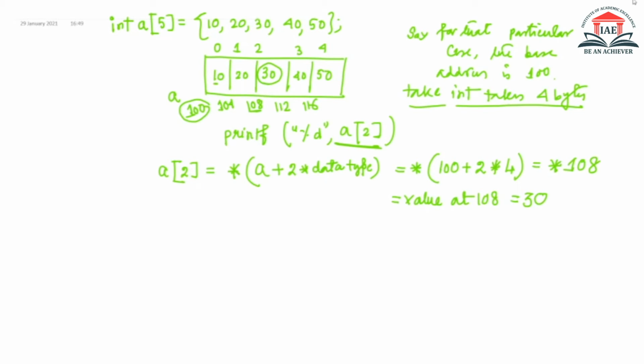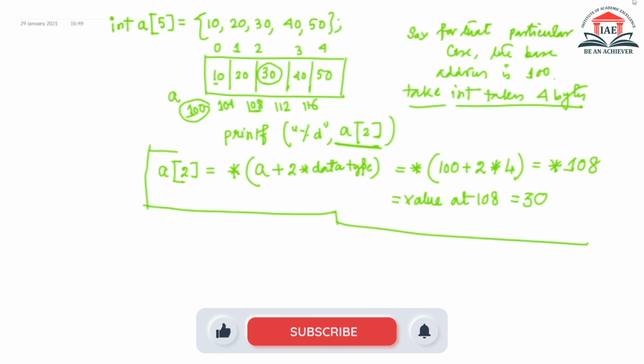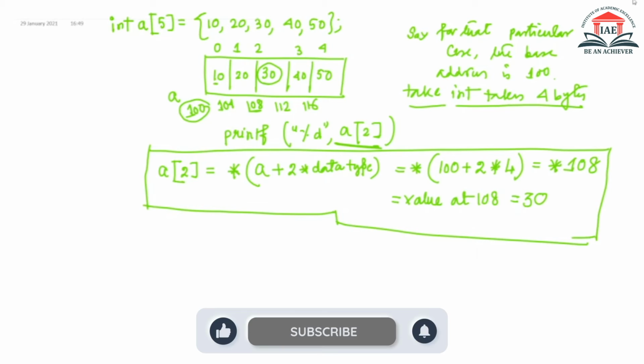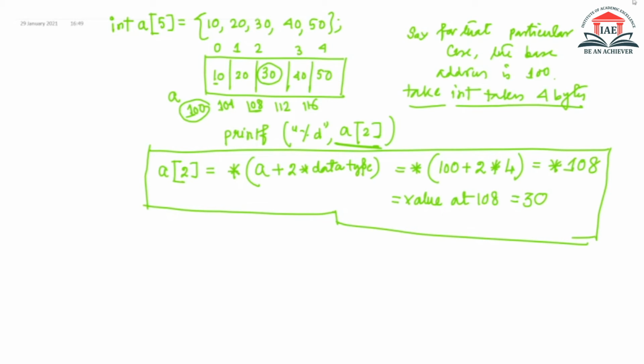So internally, when you want to print A[2], it will compute it like that by the use of a pointer. Since it is calculated like that, the array only remembers the base address and computes the other values by utilizing the base address.